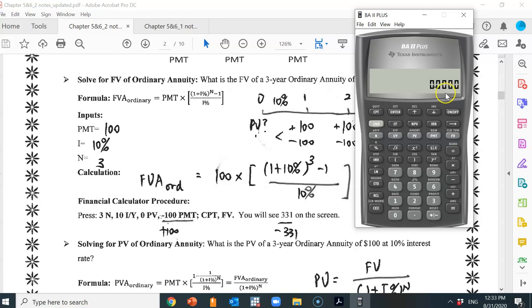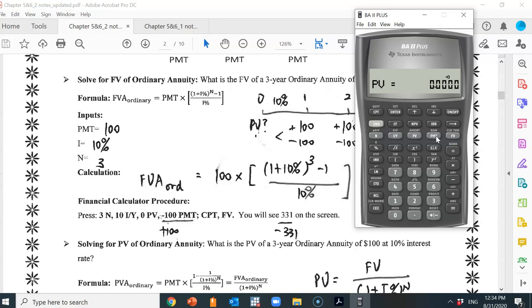Because we have 3 years, we input 3 as N. Then we input interest rate as 10, I. For present value, we do not have present value because there's no cash flow at time 0, so 0 PV.